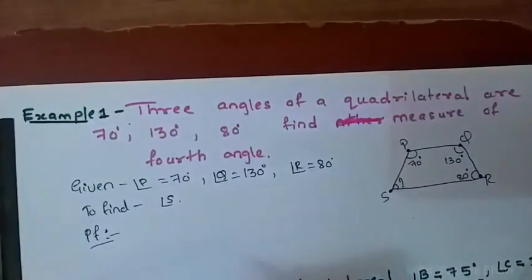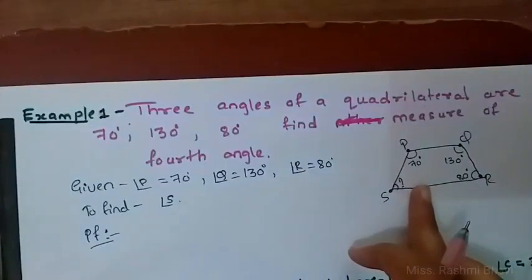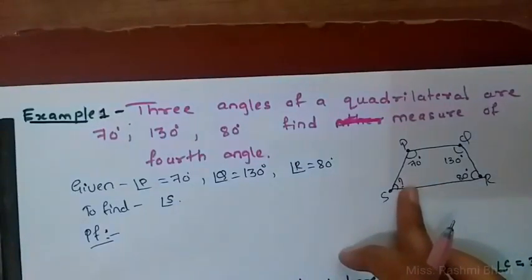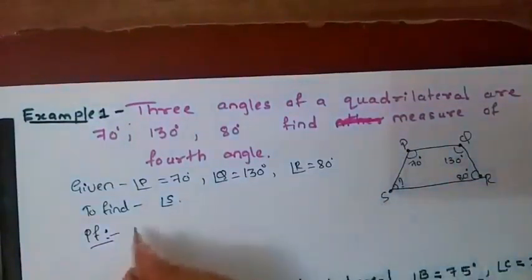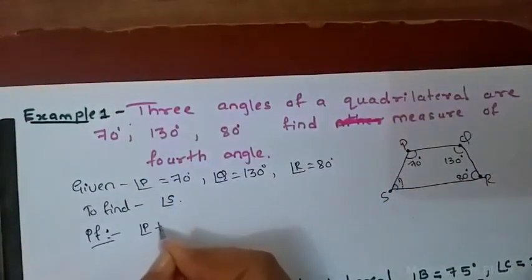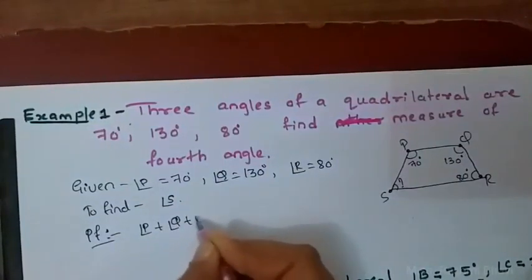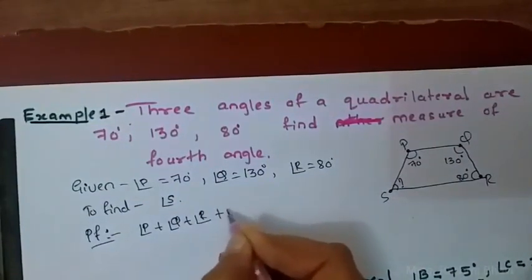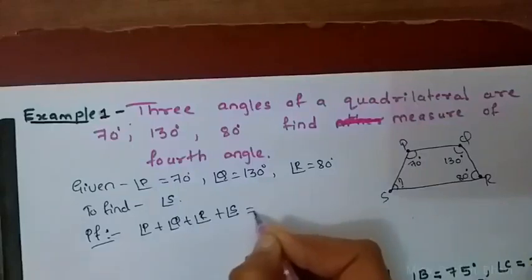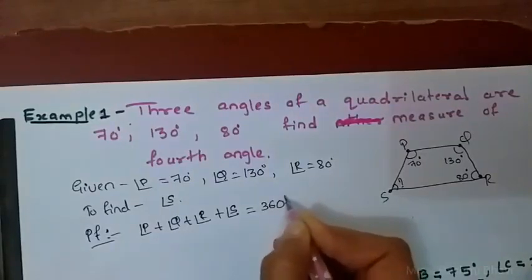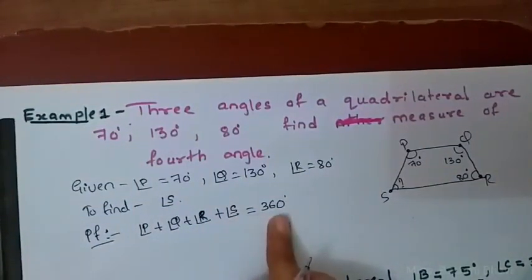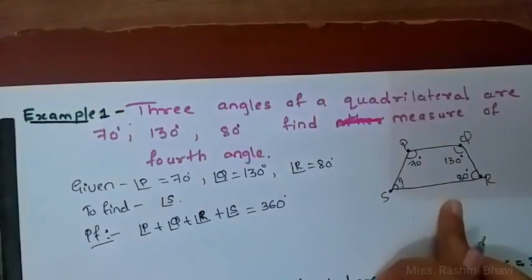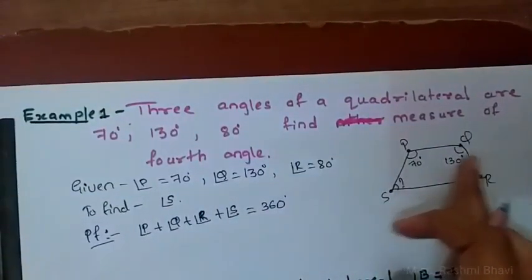Here the angle sum property of quadrilateral is the sum of the 4 angles is 360 degree. Here the quadrilateral's angles are angle P plus angle Q plus angle R plus angle S is equal to 360 degree. This is the angle sum property of quadrilateral.